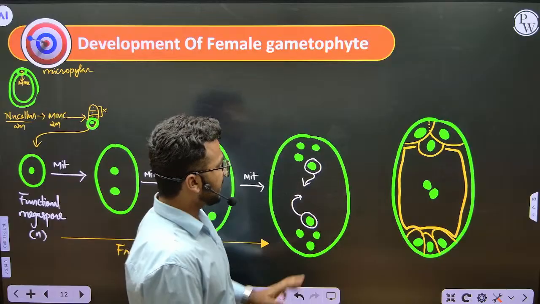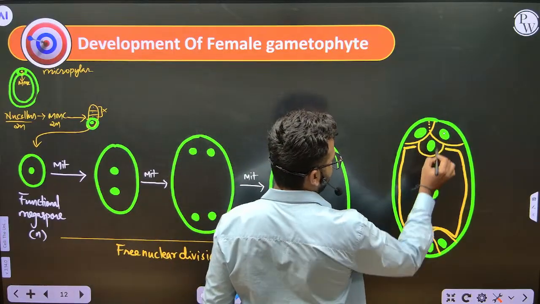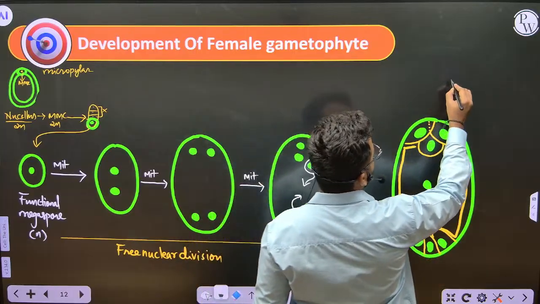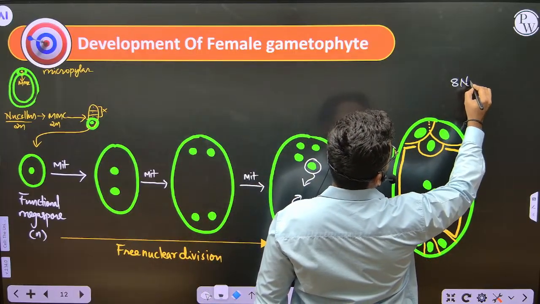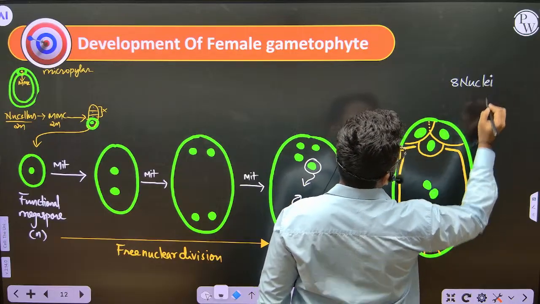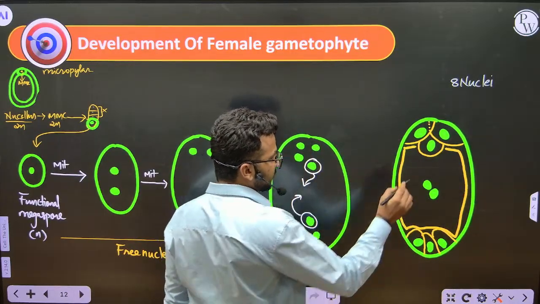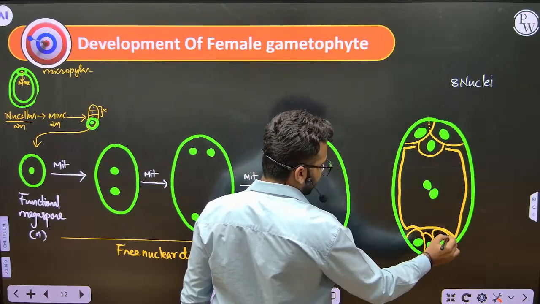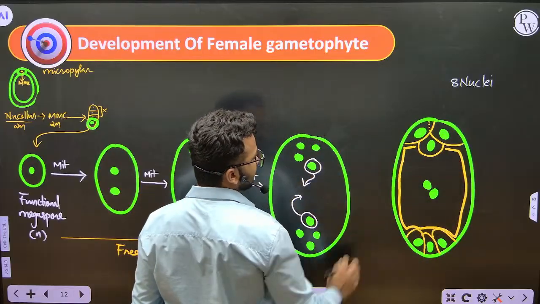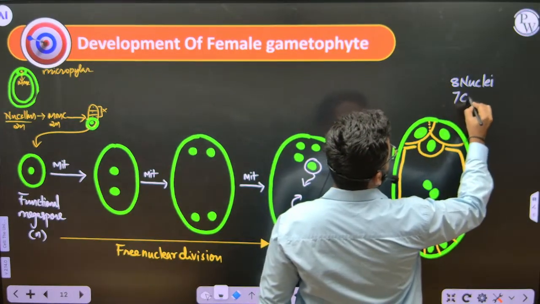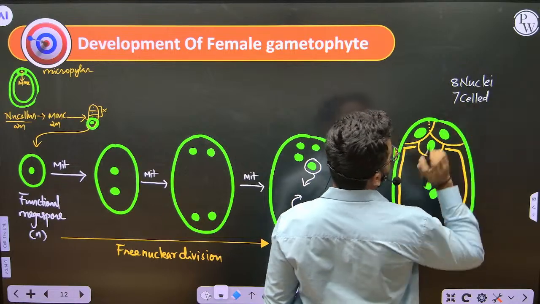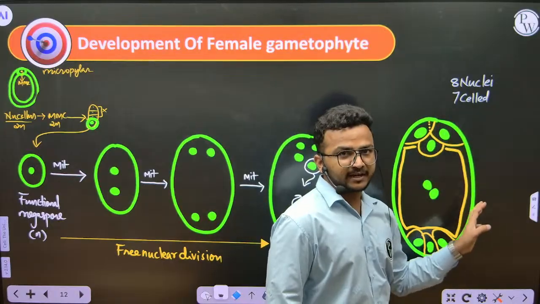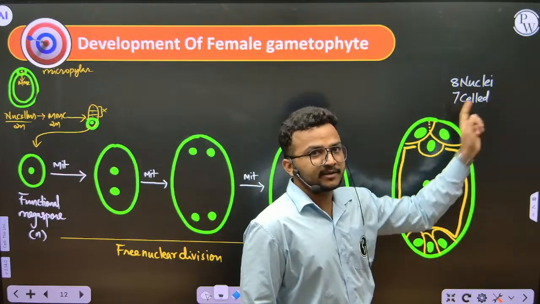So the mature embryo sac has what? 1, 2, 3, 4, 5, 6, 7, 8 nuclei. And how many cells? 1, 2, 3, 4, 5, 6, and the central big large one is the 7th cell. They asked this 3 times in PYQ: this is the embryo sac condition, 7 celled, 8 nucleate.